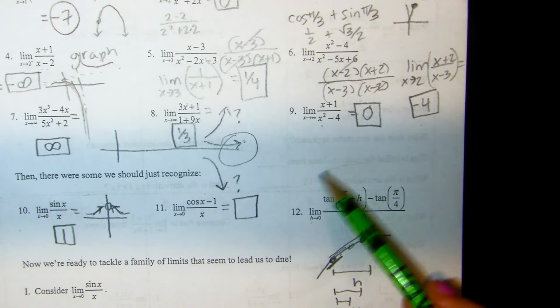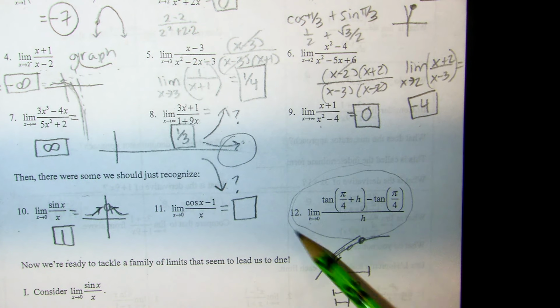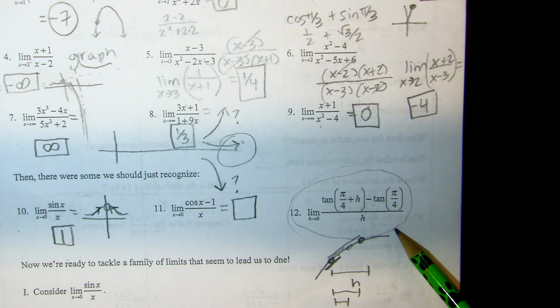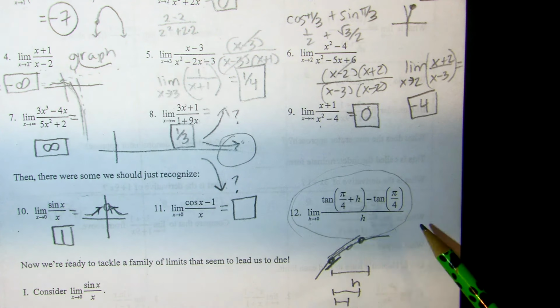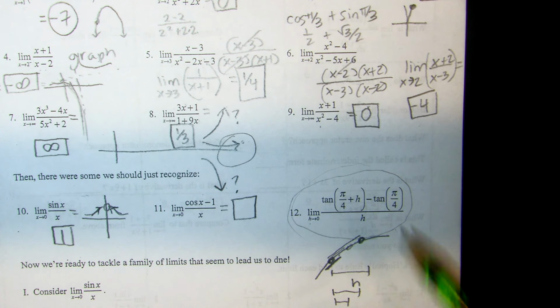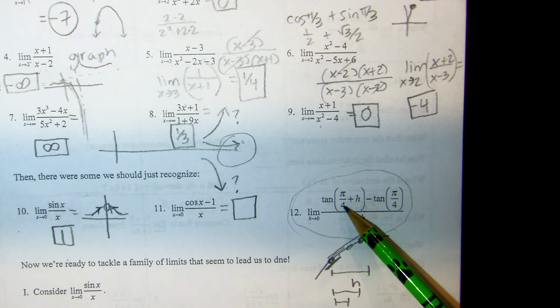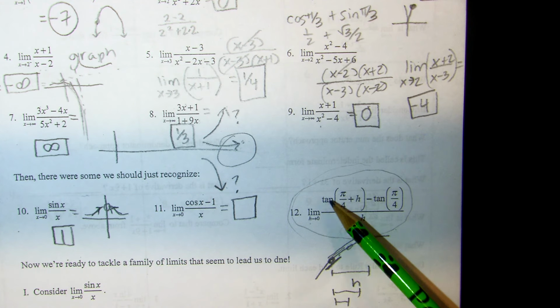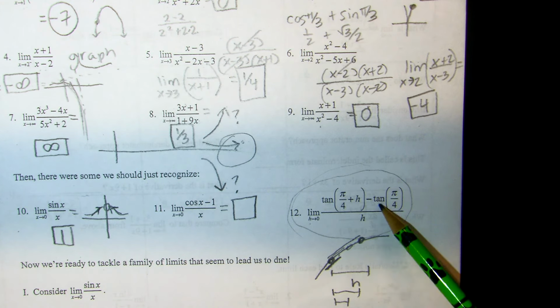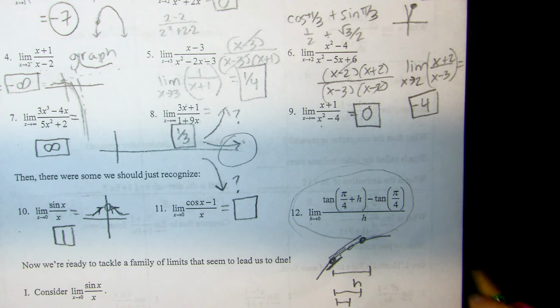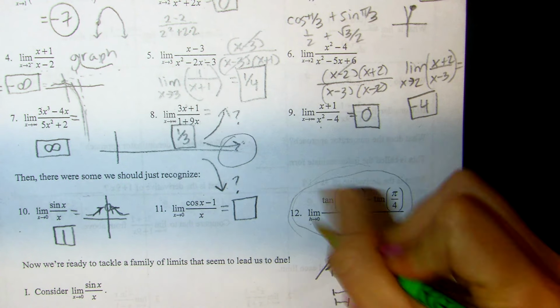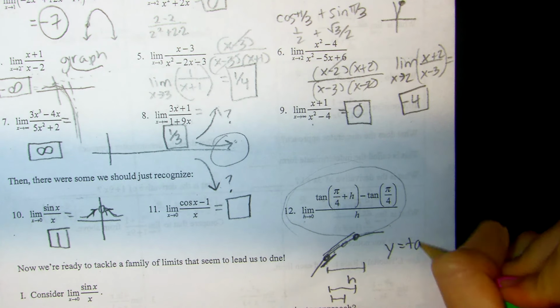All you have to do if you ever see something like this is recognize that this is the derivative. The derivative specifically of tan at pi over 4. Because this is the function, and this is in lieu of that a: f of a plus h minus f of a. So if I want to find the derivative of tan at pi over 4, I would never actually do the problem with limits.